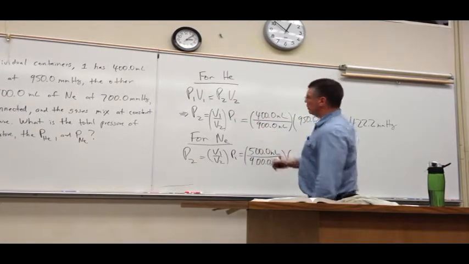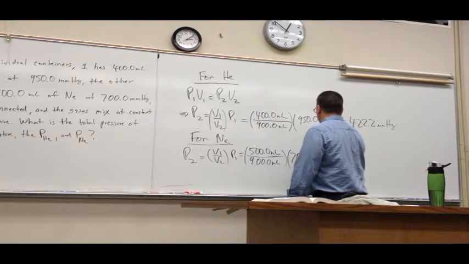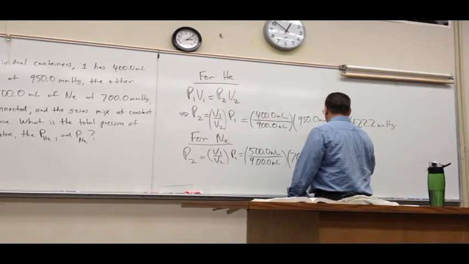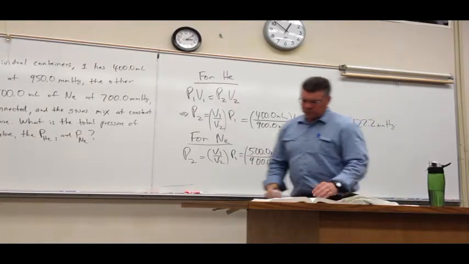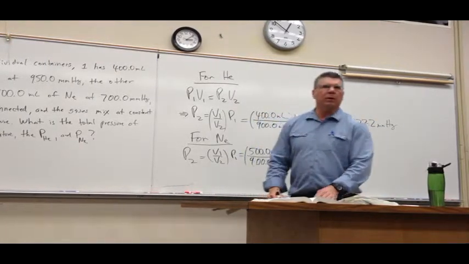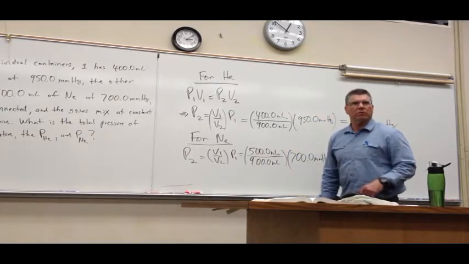Its initial pressure was 700 millimeters of mercury. .9.